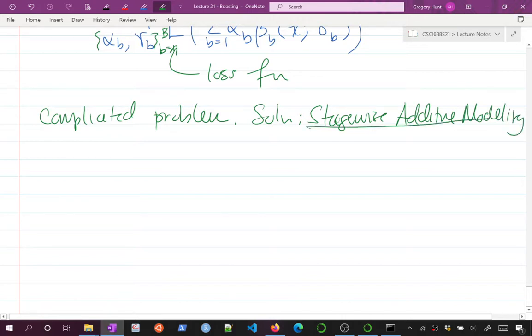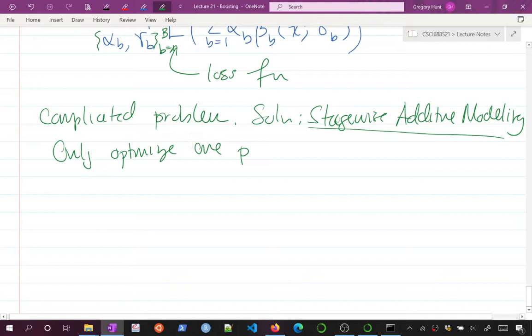Stagewise additive modeling is basically going to say only optimize one parameter at a time.